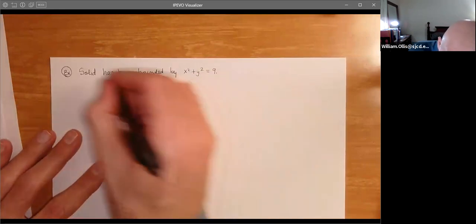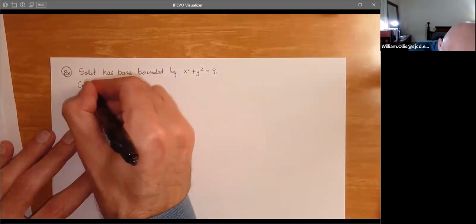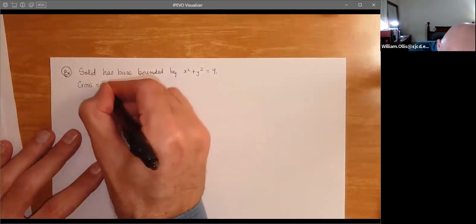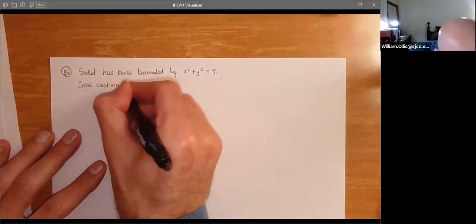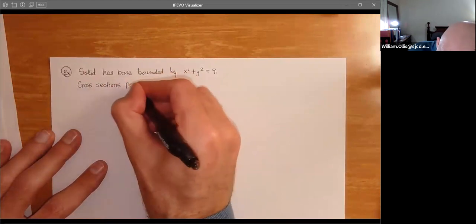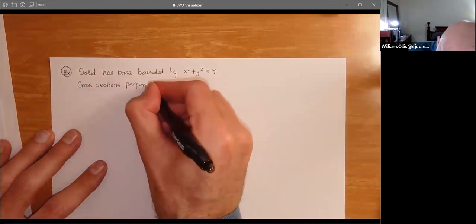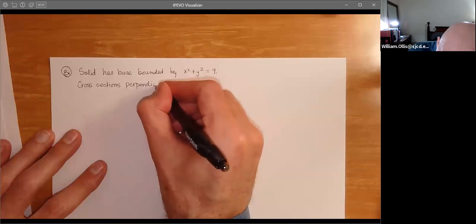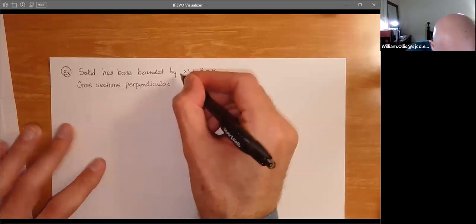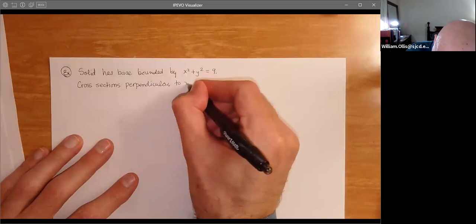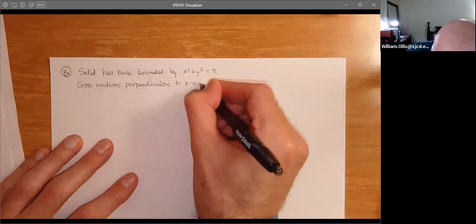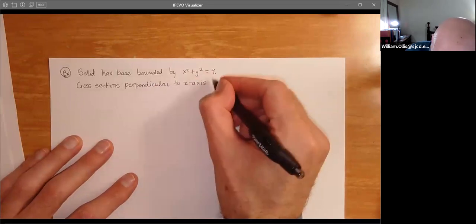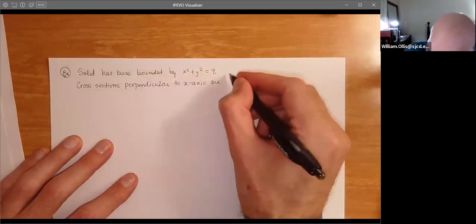And in this case, we have cross sections perpendicular, again, we're going to add them up with the integral, perpendicular to the x-axis, that are isosceles right triangles.